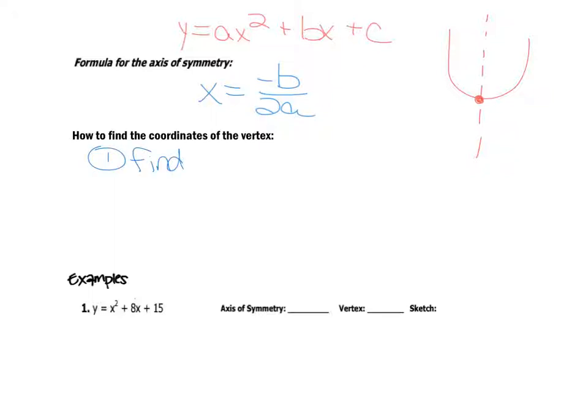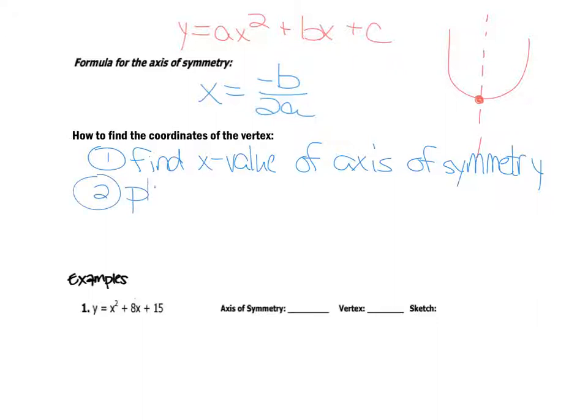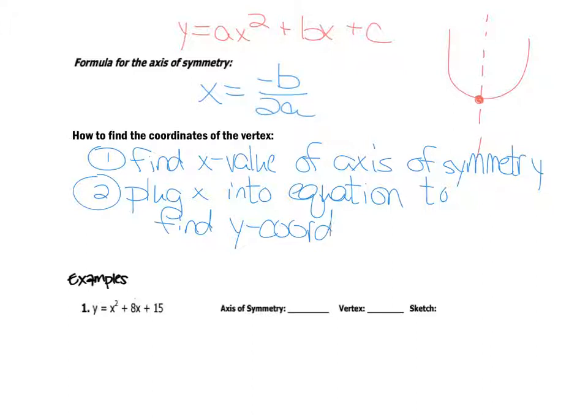You find the x value of the axis of symmetry, and then you plug x into the equation to find the y coordinate. Okay, so two steps. The first thing you're going to do is find that minus b over 2a. That's going to be your x value. Then you're going to take that x value and you're going to plug it back here into the equation to find your y value.